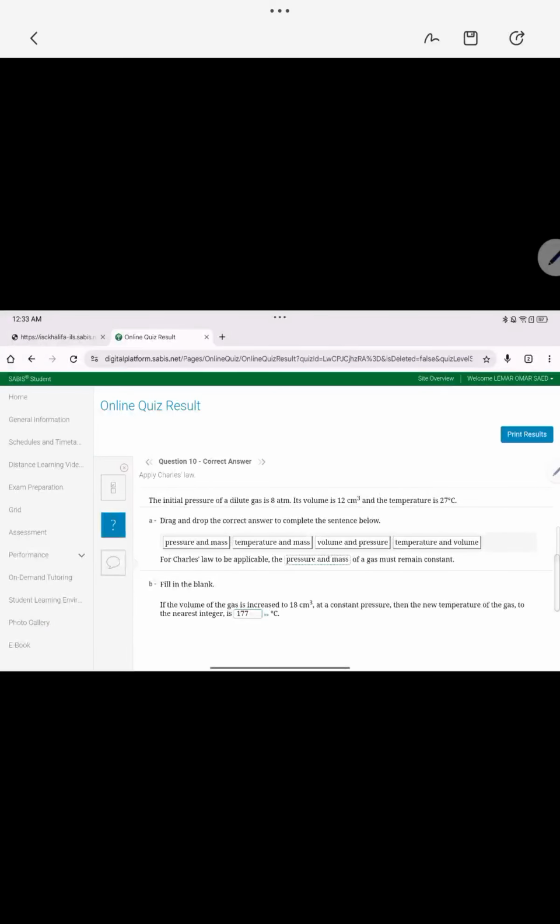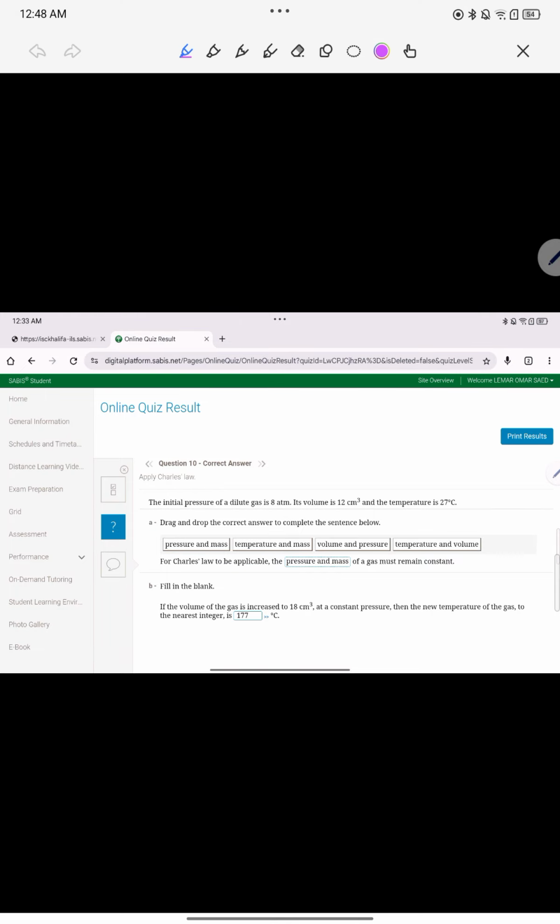Here also Charles' law. In Charles' law, pressure and mass are constant. Also here V1 over T1 equal V2 over T2. So V1 equal to 12, T1 equal to 300 because plus 273 to make it Kelvin.